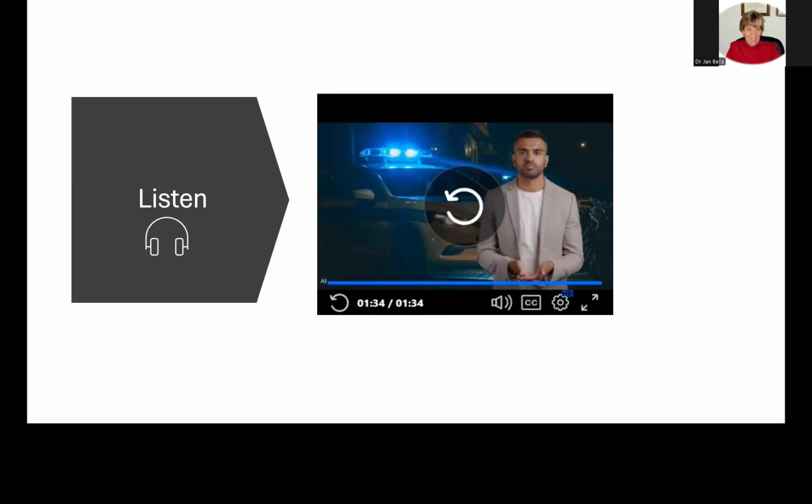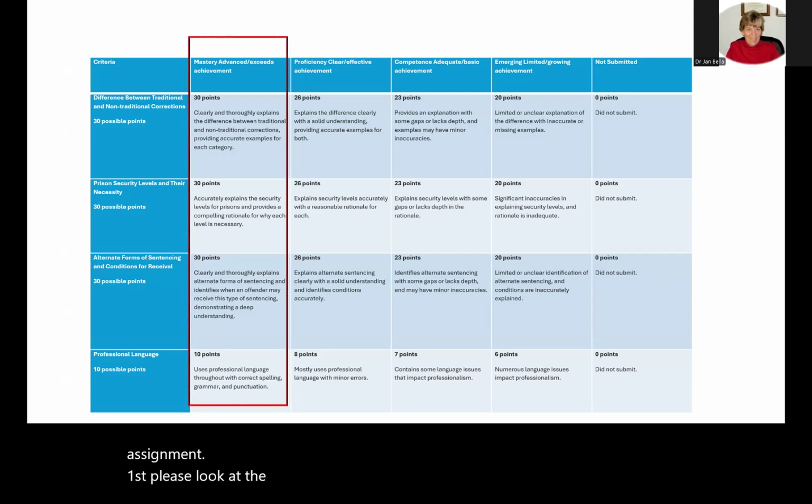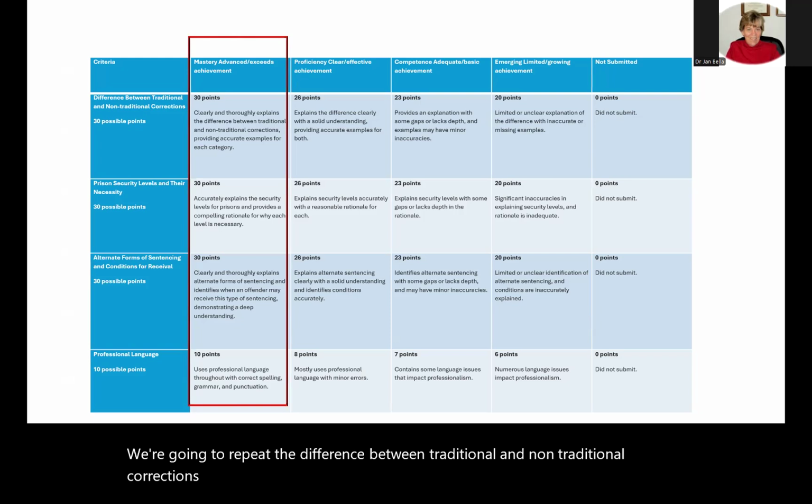Okay, now I'll provide additional information that may help you complete the Module 5 assignment. First, please look at the grading rubric. Focus in on the mastery column. We're going to repeat the difference between traditional and non-traditional corrections. You'll look at the prison security levels and their necessity.